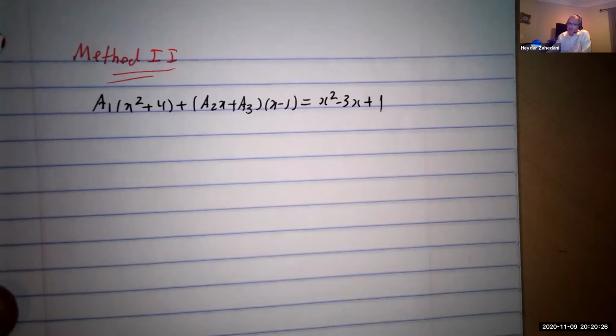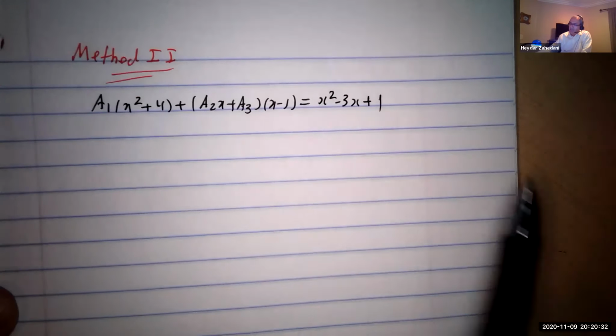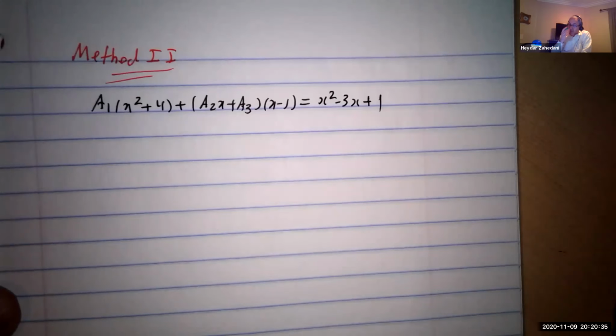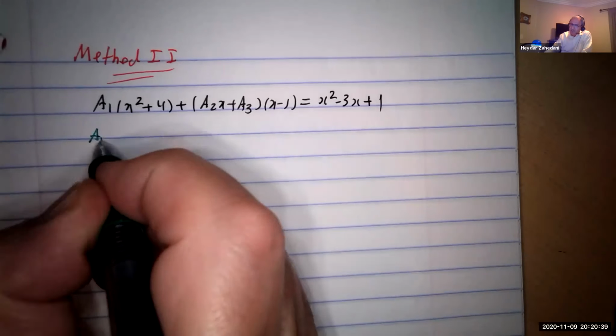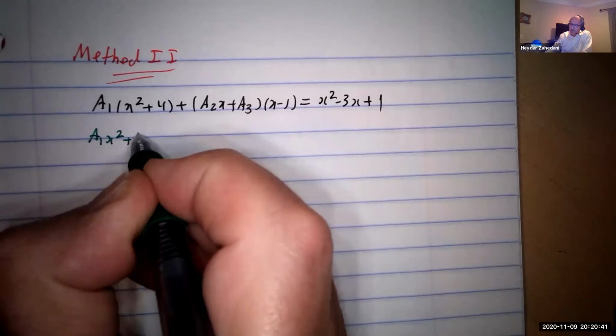For method 2, you have to multiply this one and simplify it. Write it down as a quadratic expression. So multiply it. What's that? It's going to be a1 x squared plus 4a1.